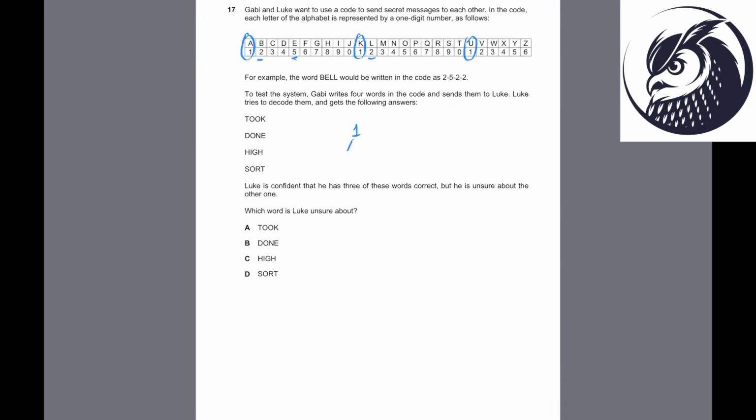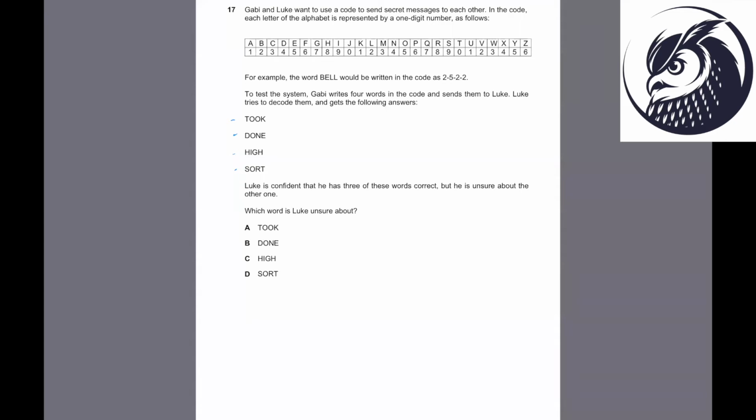It could refer to A, it could refer to K, and it could refer to U. And so that could cause a bit of confusion, because if I gave you the code 1, you might not necessarily know which letter I'm referring to, right? And that is what they're asking with this question. So basically what we need to do is first translate all these words back into their codes, and then we're going to look for a code that might be the most confusing one.